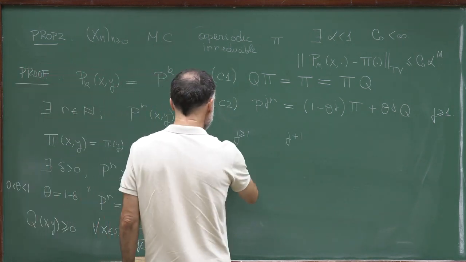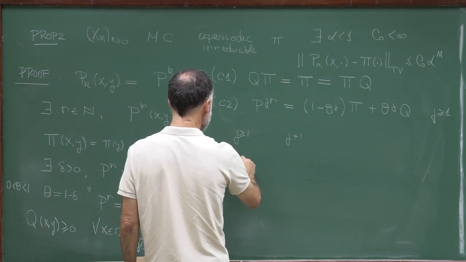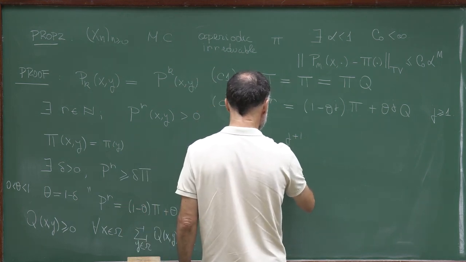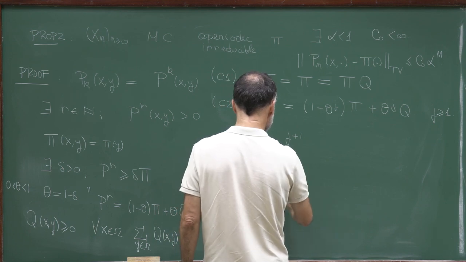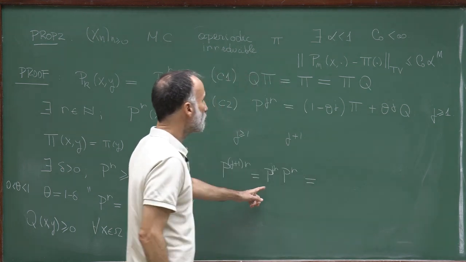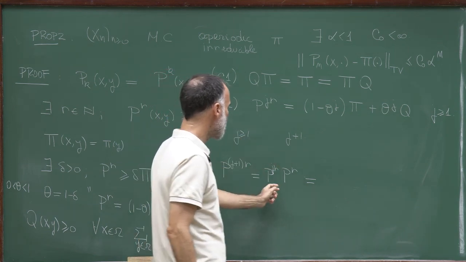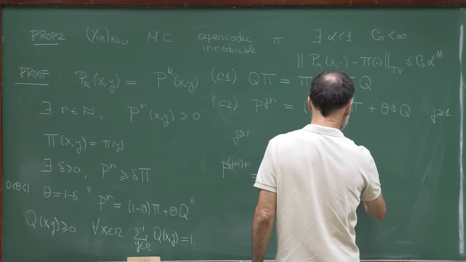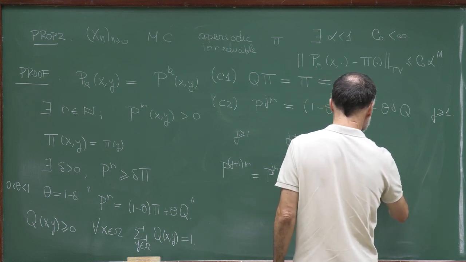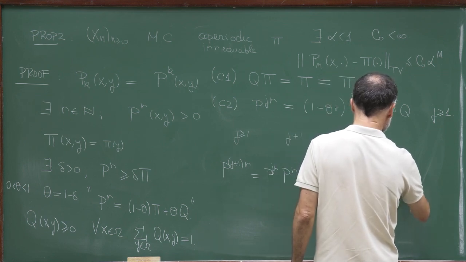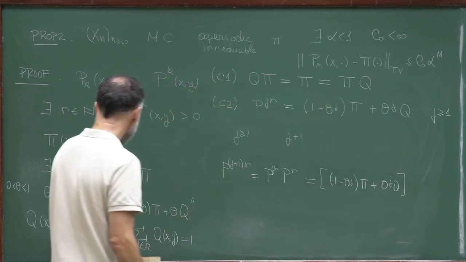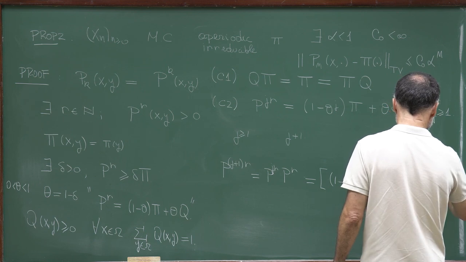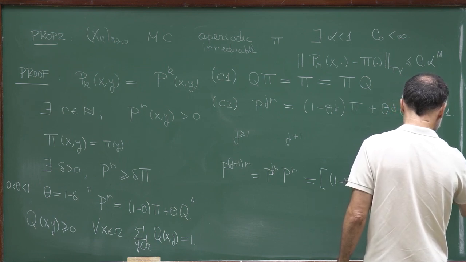So P^(j+1)r is equal to P^jr times P^r. By the induction assumption, P^jr is equal to 1 minus theta^j pi plus theta^j q, and P^r is given by this equation, 1 minus theta pi plus theta q.